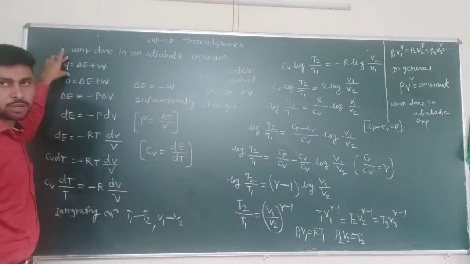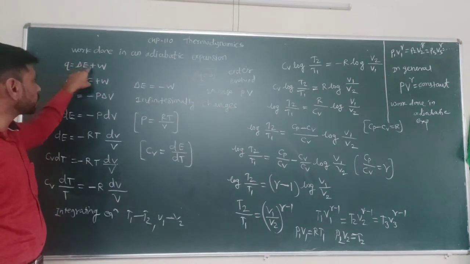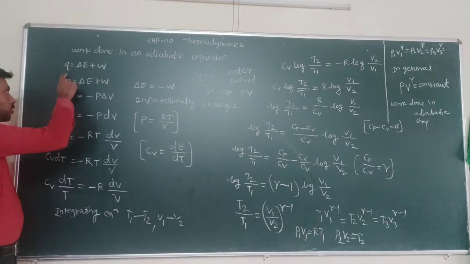Then from the mathematical expression of the first law of thermodynamics, we can write Q is equal to delta E plus W. But for an adiabatic process, Q is equal to 0.